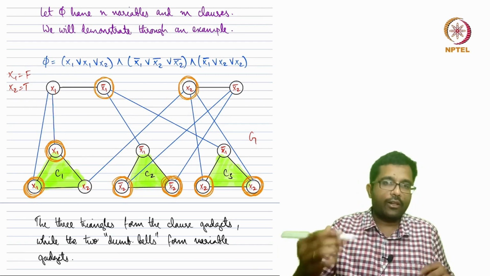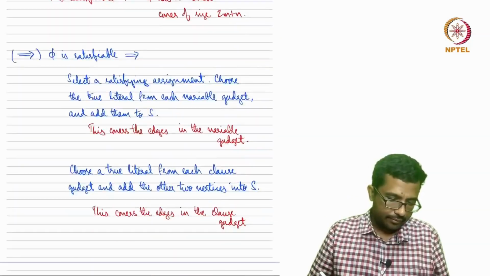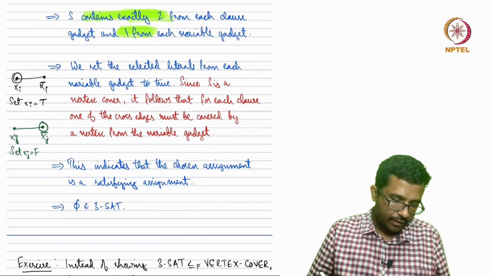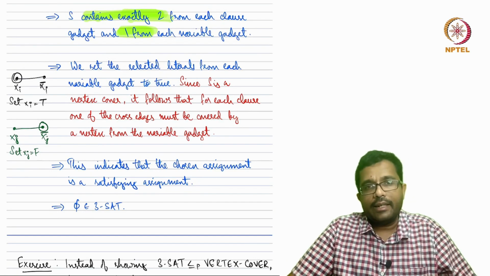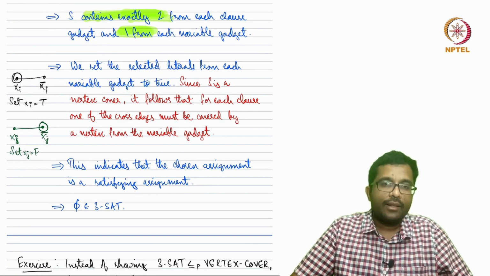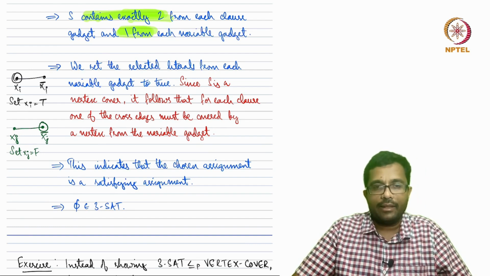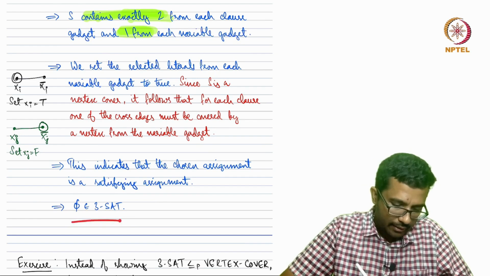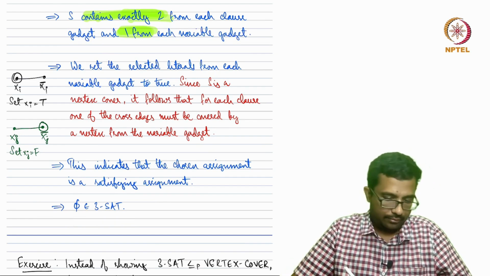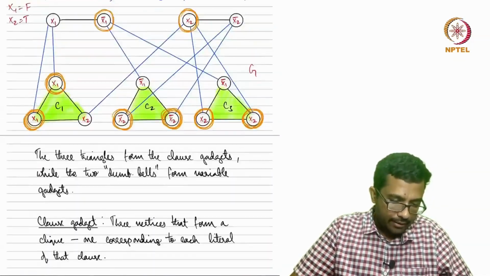Hence each clause is satisfied, hence the formula is satisfied. So the assignment that is constructed like this forms a satisfying assignment, and since phi has a satisfying assignment, this is a yes instance of 3-SAT. So maybe I'll quickly summarize since we have said a lot.